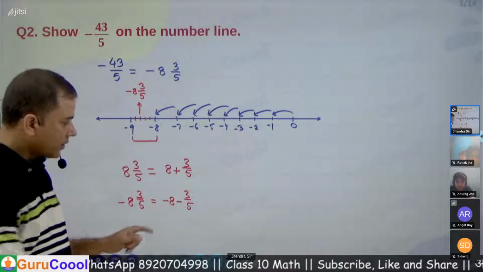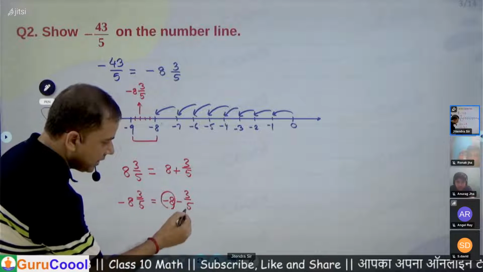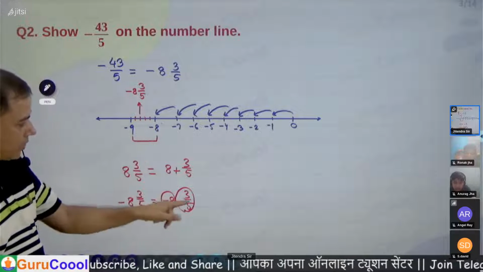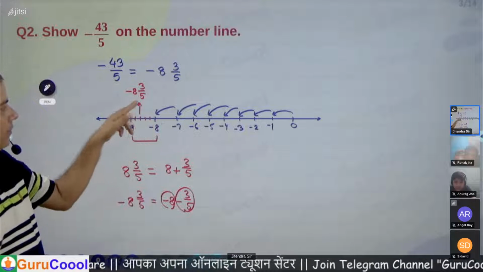That means you will travel minus 8 units on the left, and then extra 3 by 5 units on the left, both on the left. First 8 units on the left, then 3 by 5 units on the left, and you reach that.